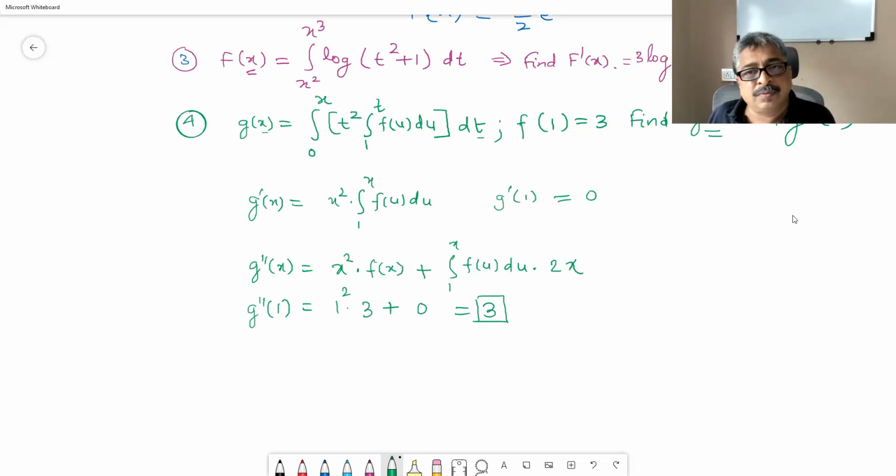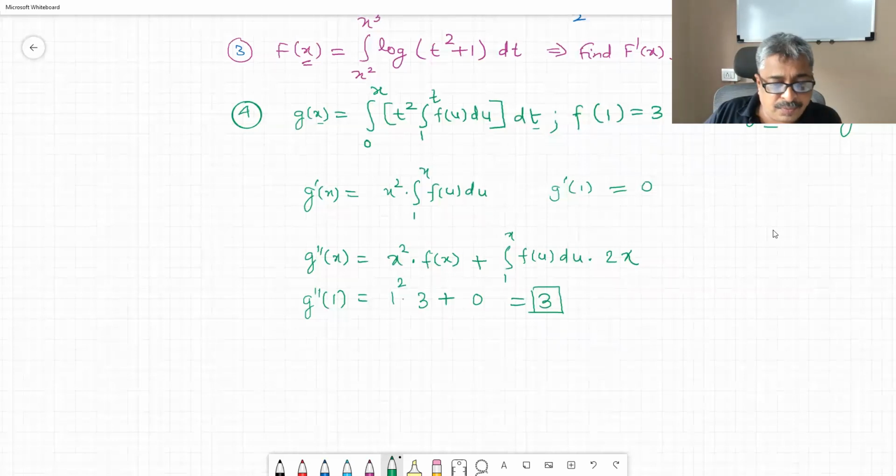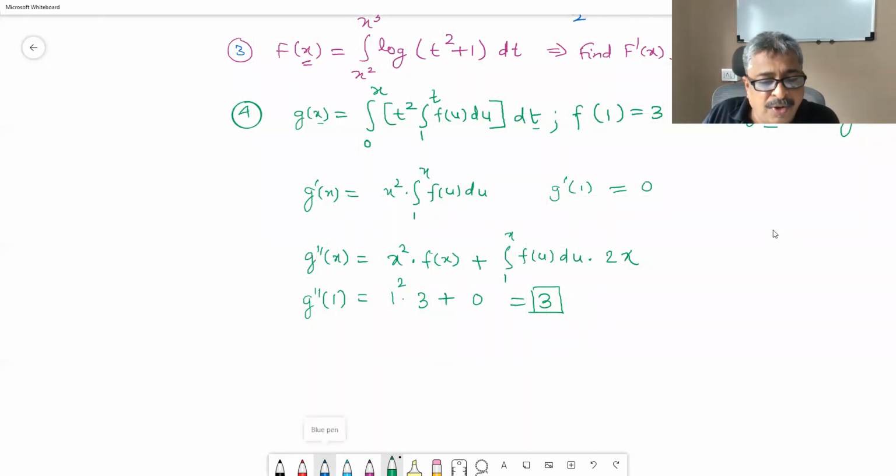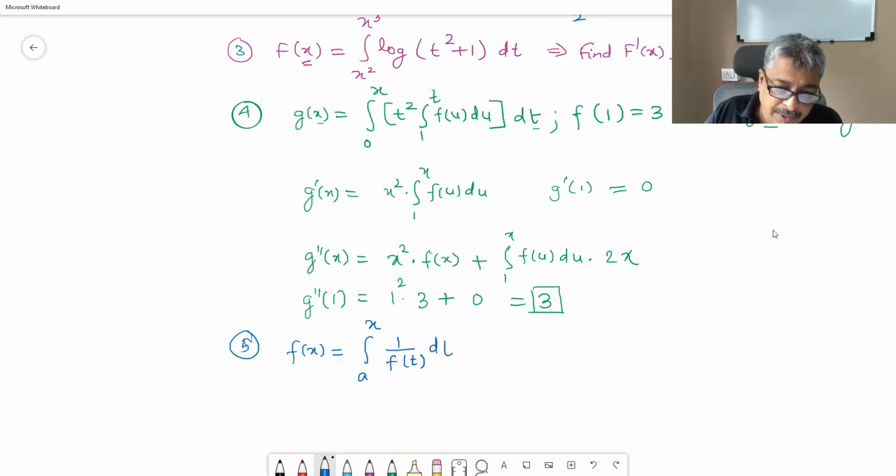Next question. What was this number? 4. Next question, 5. F of x is equal to the integral from a to x of 1 upon f of t dt, and the integral from a to 1 of 1 upon f of t dt is equal to root 2.